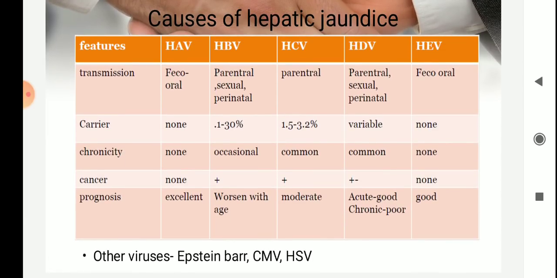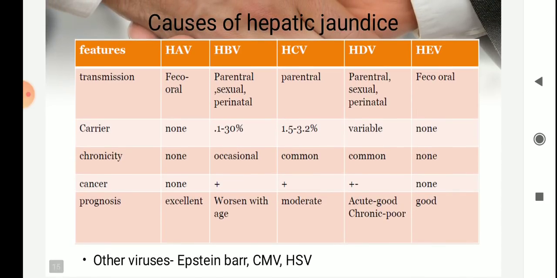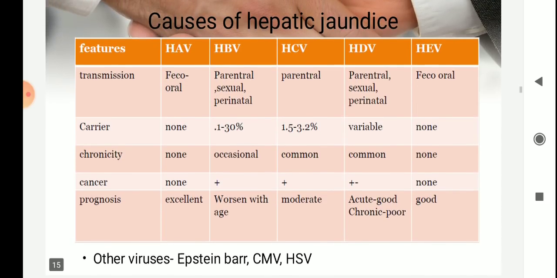The cause of hepatic jaundice could be any viral infection. It could be fecal-oral transmission: HAV, HBV, HCV, HDV, HEV virus. Hepatitis due to all these viruses can lead to hepatic jaundice.